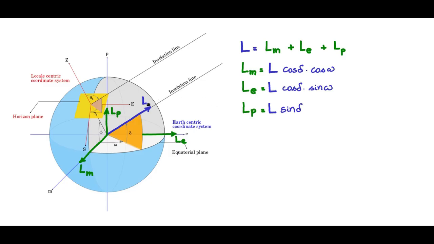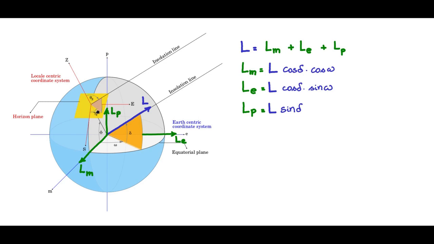We had also resolved this insolation vector along the local coordinate system, and we are interested in the normal incidence to the horizontal plane placed at the locality. How do we make use of these resolved components along with the resolved components of the insolation in the local centric coordinate system?